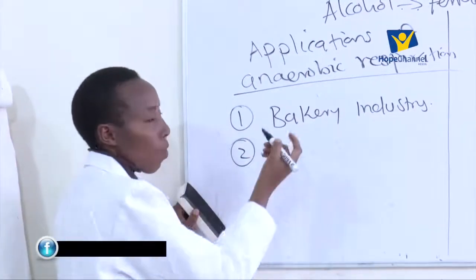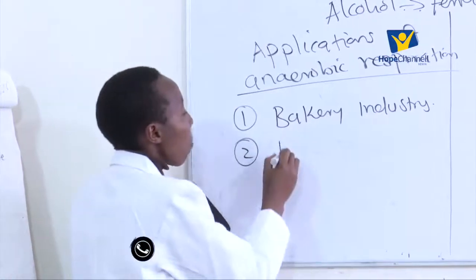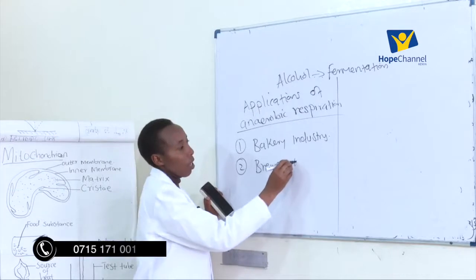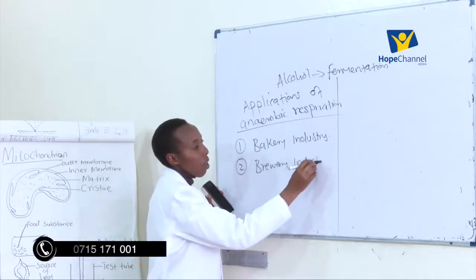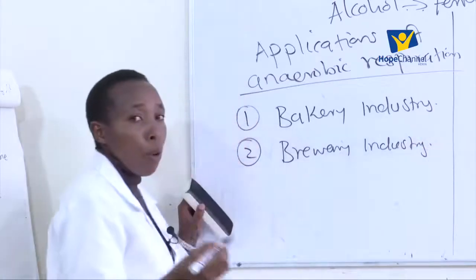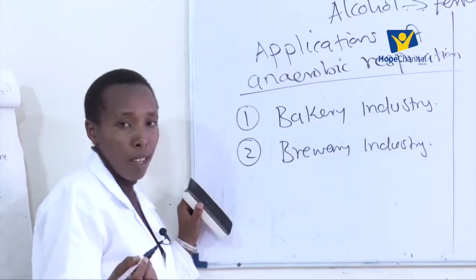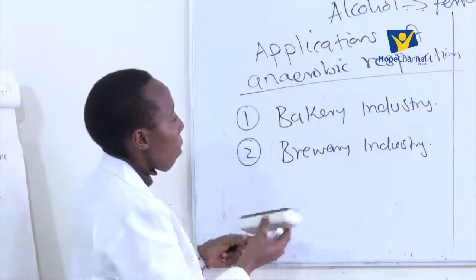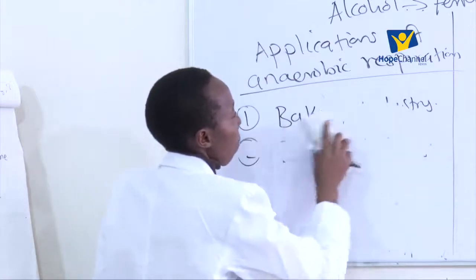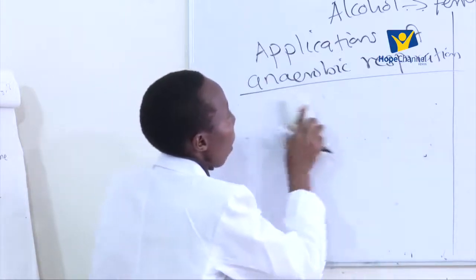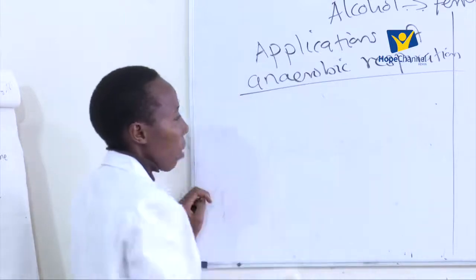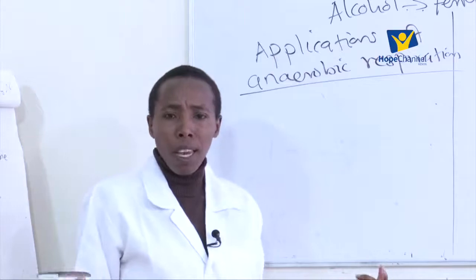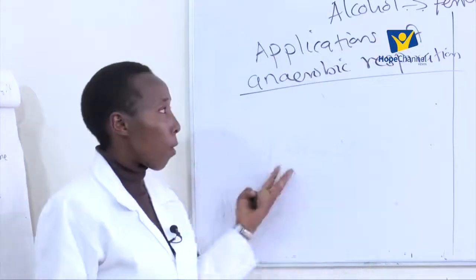Number 2, we can use anaerobic respiration in the brewery industry. We can also use this in production of fermented drinks. We have fermented drinks like yogurt. So there are so many areas where we can apply anaerobic respiration. Products like yogurt, where do we get them from? It's all about fermentation.